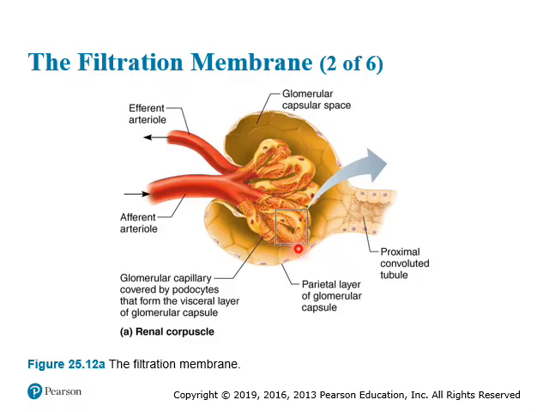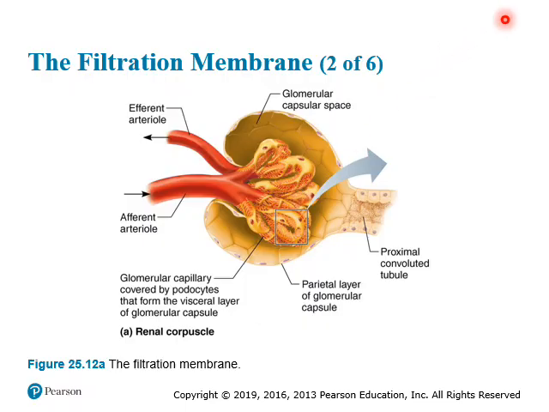The filtration membrane is made up, first of all, by the glomerular walls of the glomerulus itself, which is simple squamous epithelium, and it has fenestrations and is somewhat selective, but more selectivity is happening because the visceral covering that covers the glomerulus is made up of specialized cells which you call podocytes.